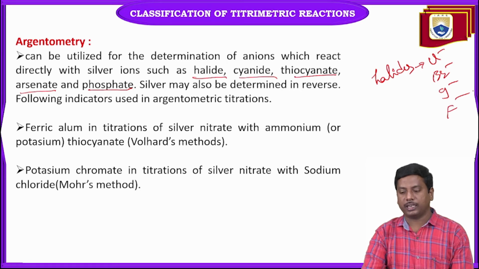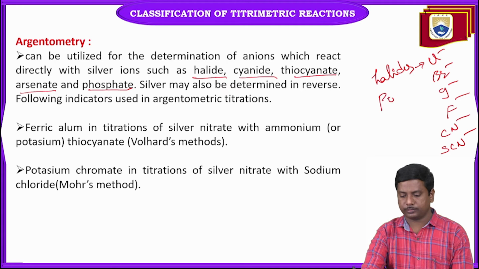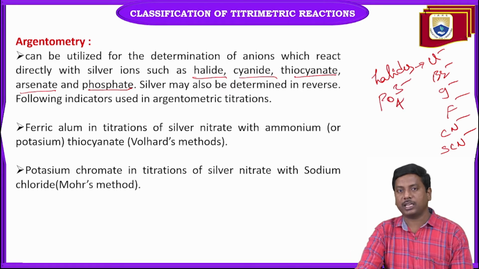Also cyanides, CN minus, thiocyanates, SCN minus, and phosphates. All of these come under the category of determination of anions by Argentometric reaction with the help of silver nitrate. And silver may also be determined in reverse mode, that means the reaction takes place both forward and backward.